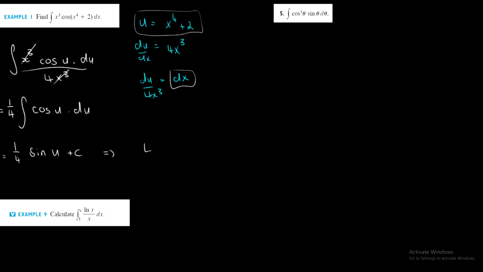And then I can just bring back whatever's missing. So whatever u was. So sine of x to the 4 plus 2. Why is the equal sign here? Which is 1 over 4 sine of x to the 4 plus 2, plus c. There we go. That's our final answer.